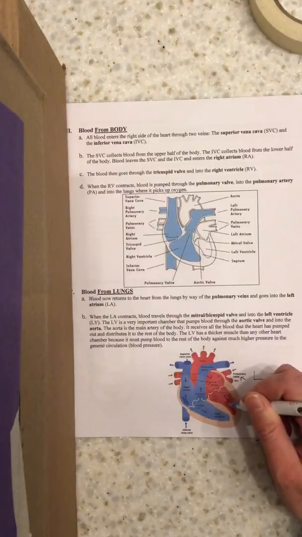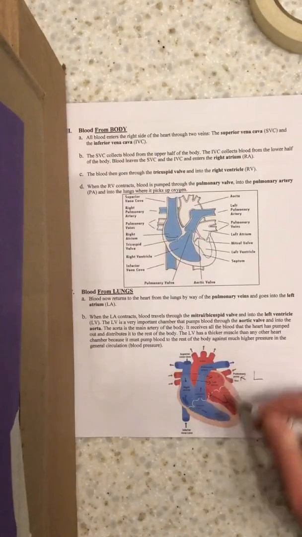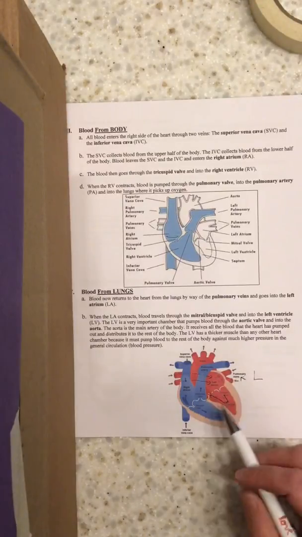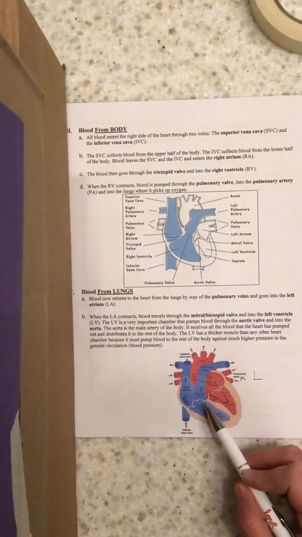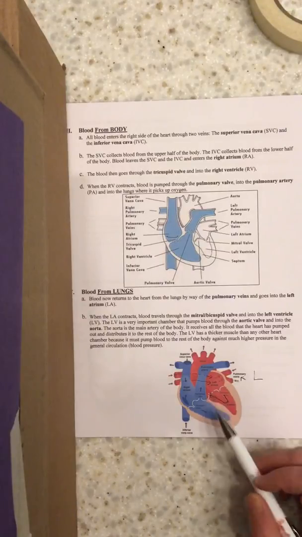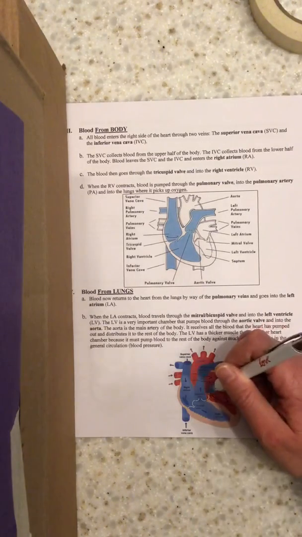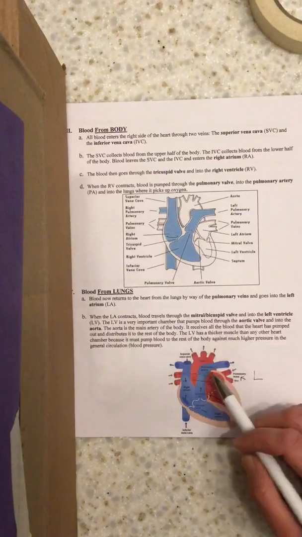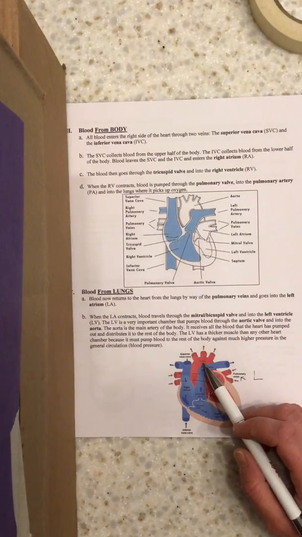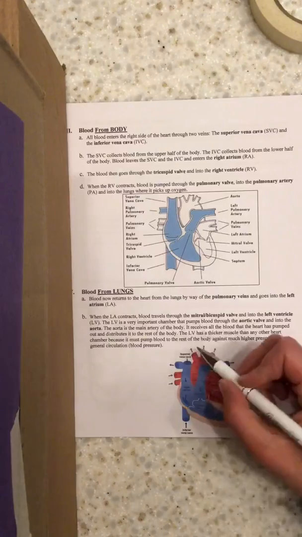So anyway, when the blood passes through the bicuspid valve, it's going to end up in the left ventricle, and then it's going to take an upward turn and go through the aortic valve. The aortic valve and the pulmonary valve are often collectively called the semilunar valves, but I am not going to ask you about that term. And then the blood will be leaving the heart through the largest artery of the body called the aorta.